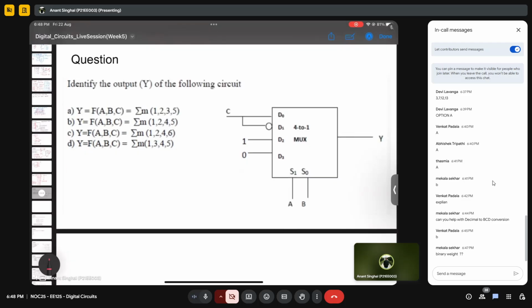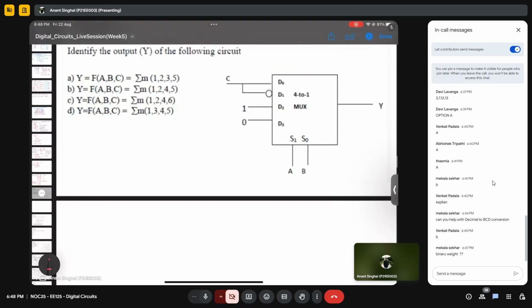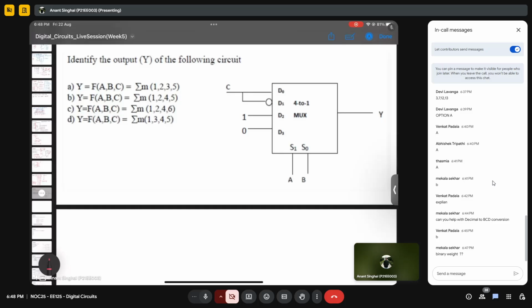What do you mean by binary weight? Let's do this quickly till then.